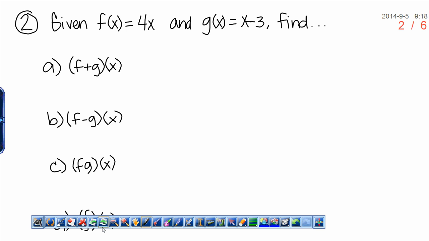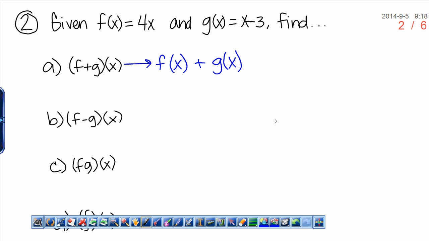How do you think we can interpret that? Any ideas? Okay. This is the same as f of x plus g of x. F plus g of x means the same thing as f of x plus g of x. You could see it either way. I could ask you it either way. So just make sure you recognize that those two mean the exact same thing.